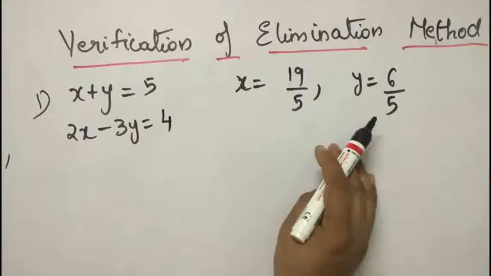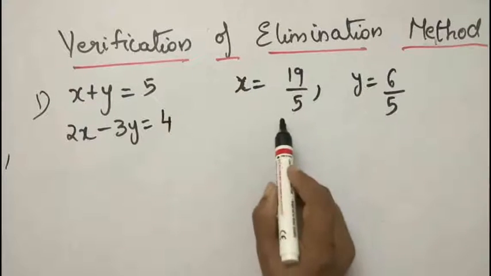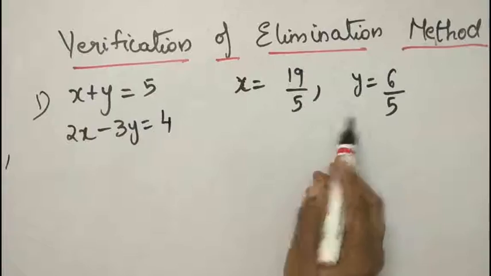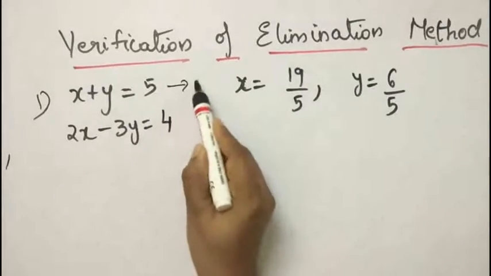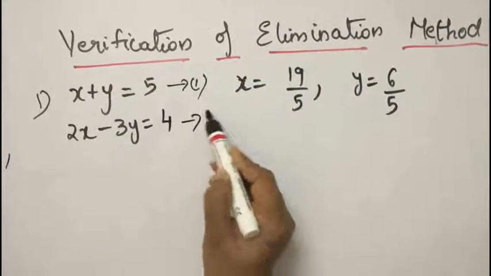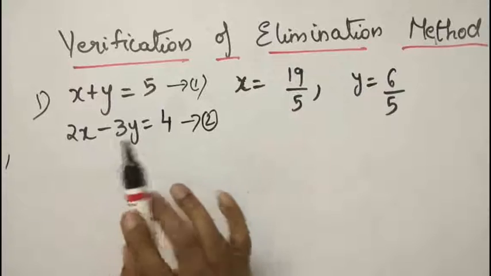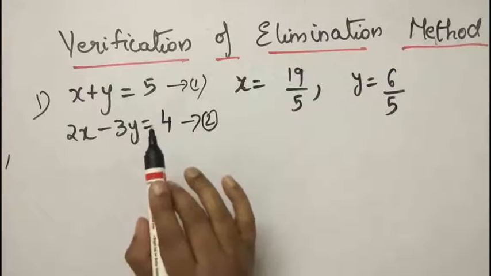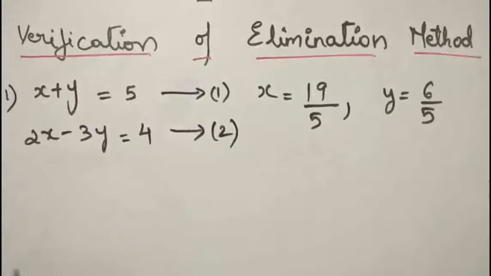Verification of the elimination method is nothing but you have to substitute the values of x and y in these two equations and check whether they satisfy the equations or not.